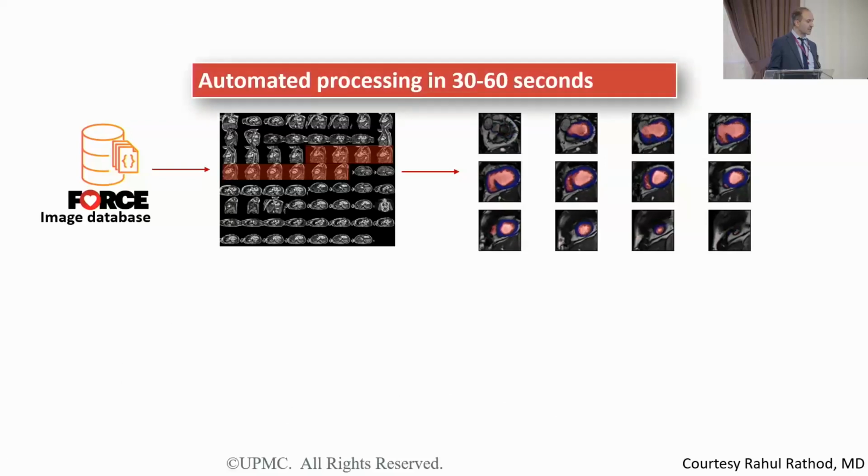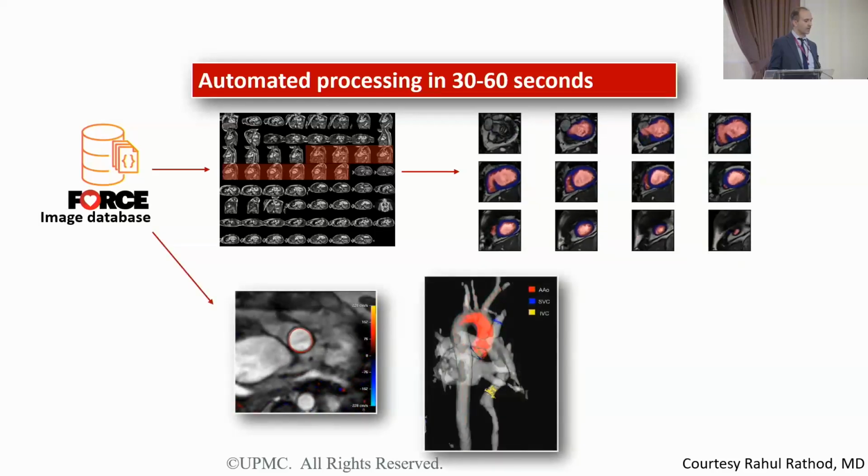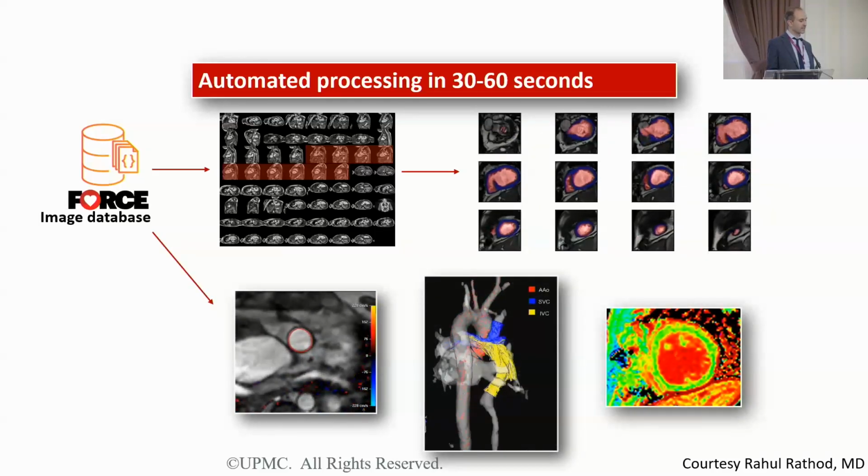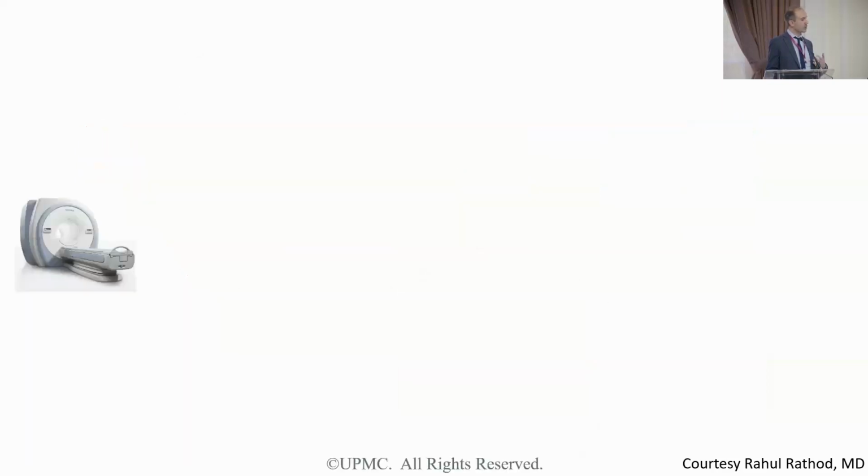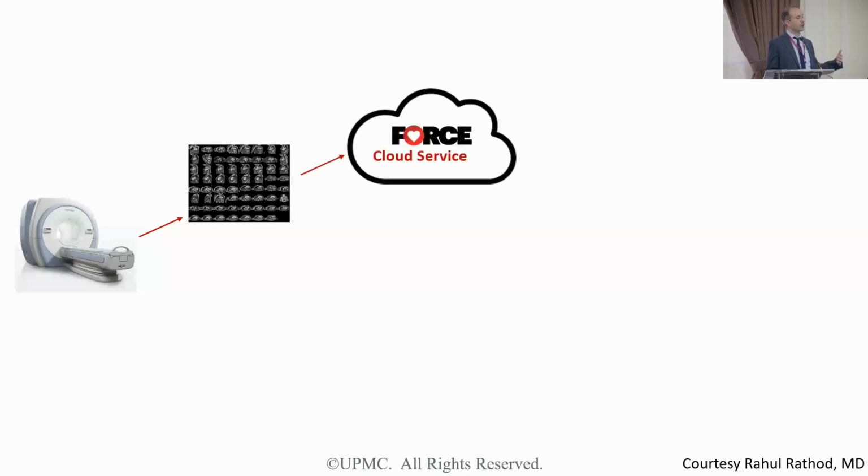It's also striving to do automated pre-processing for all the images that we acquire by cardiac MRI. This is something that takes attending physicians more than an hour to do, and now it's being done through machine learning in about 60 seconds or so. So the workflow will be that the patient will come, get the cardiac MRI, and hopefully the images will go to that FORCE cloud service.